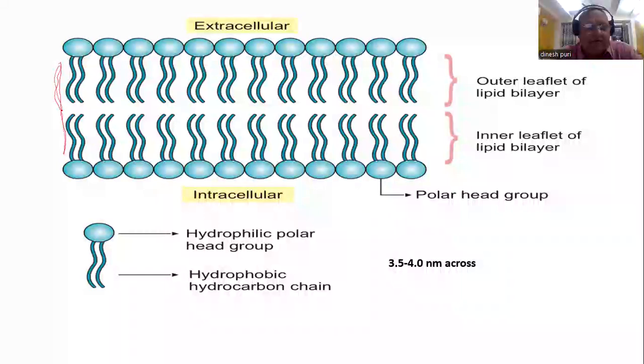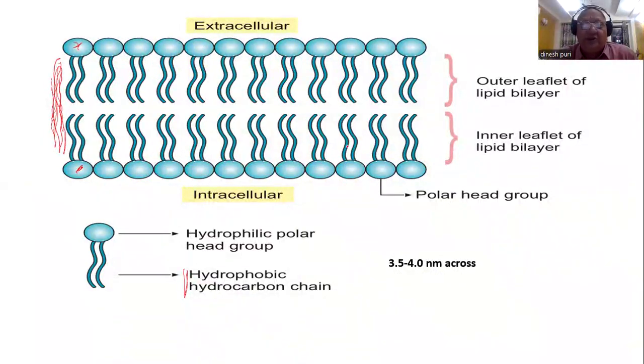Mostly, they are phospholipids, which have a small hydrophilic portion here, and the long hydrophobic tail, which is this one, long. So therefore, it has a predominant hydrophobic character.